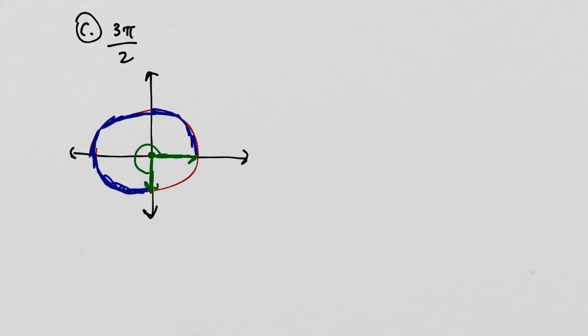And then, in the last part, we'll be looking at the angle given by 2 pi radians. And this angle is represented by the complete length of the circumference of our circle.